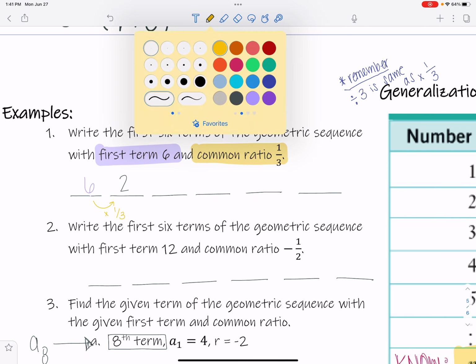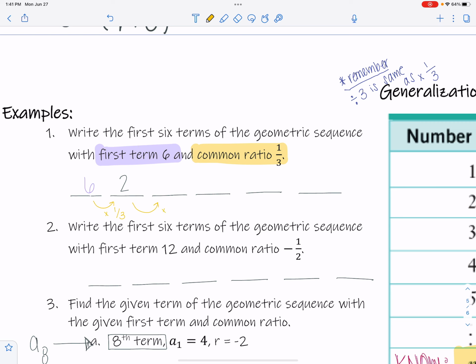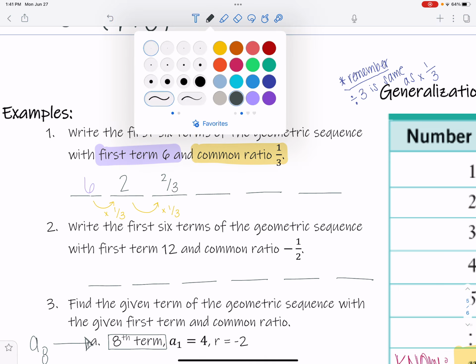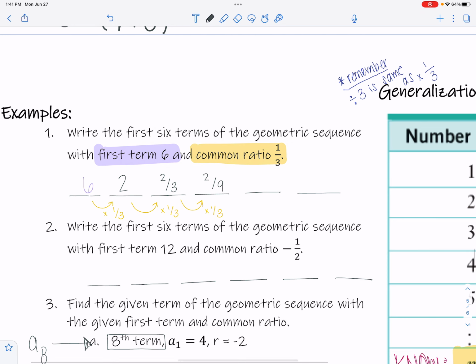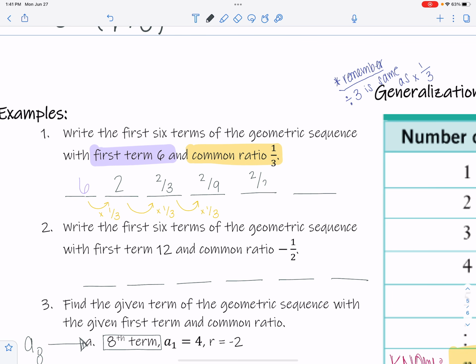Then I multiply by 1/3 again and get 2/3. Multiply by 1/3 again and get 2/9. I keep multiplying by 1/3 to get 2/27, and then the last one, 2/81.